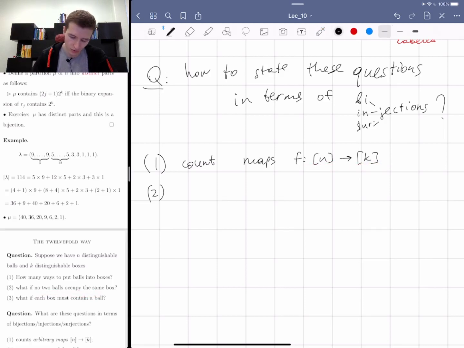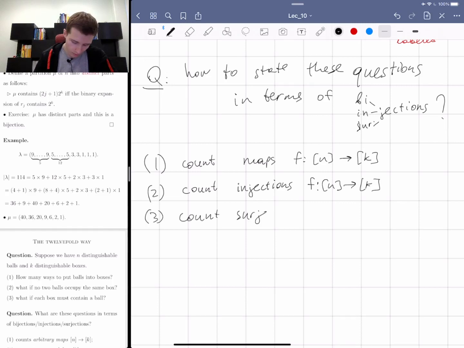So that is injections: for 2, you count injections f between the same pair of sets. And for 3, you count surjections. Each box must contain a ball, so f has to be a surjection.